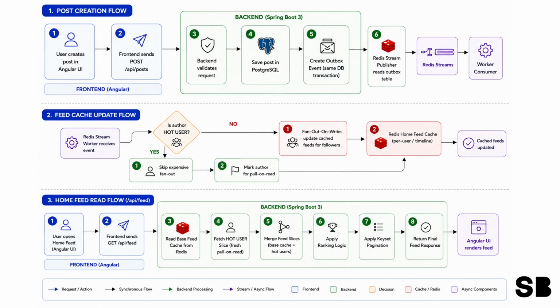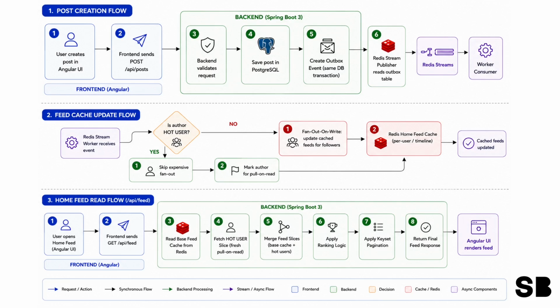This can depend on time, engagement, relationship strength, freshness, or other ranking signals. And after ranking, the backend applies keyset pagination. Keyset pagination helps return the next page of feed results efficiently without using slow offset-based pagination. Finally, the backend returns the final feed response.